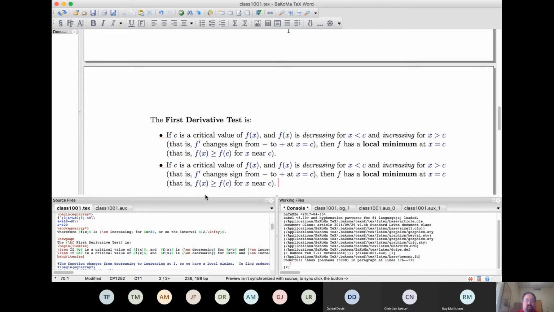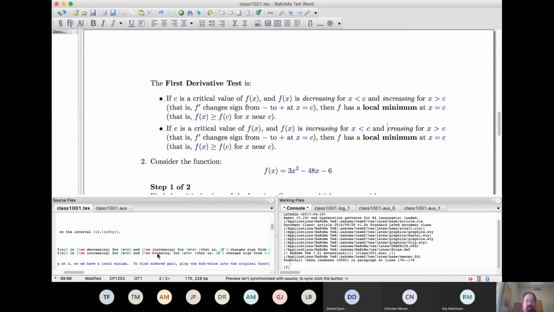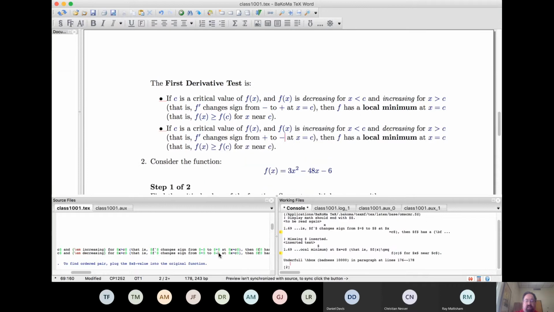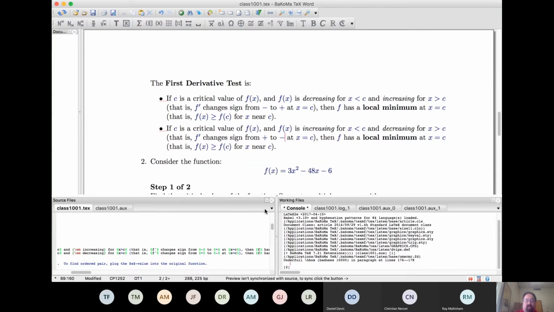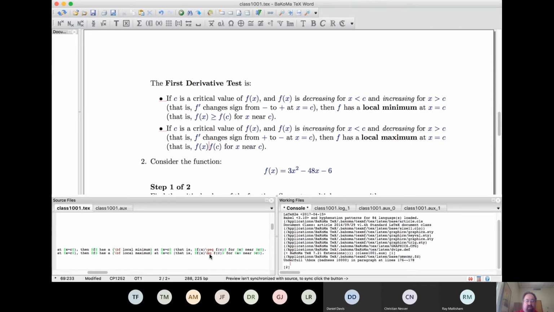Similarly, if it is increasing to the left of c and decreasing to the right of c, so it changes sign from positive to negative, so f is going up and then down, then that is a local maximum. So we can say that values of f are less than or equal to f of c.